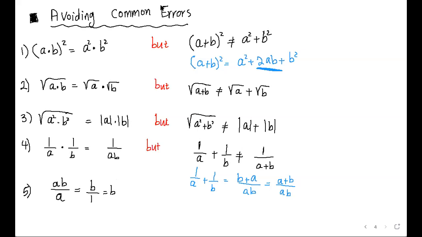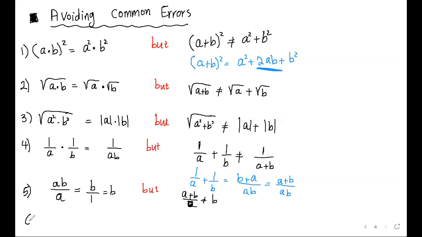But for addition, it is not true. a plus b over a is not equal to b. This is not true. We cannot cancel a with the a for addition. For multiplication, we can cancel the a with the a. But for addition, we cannot. This is wrong.